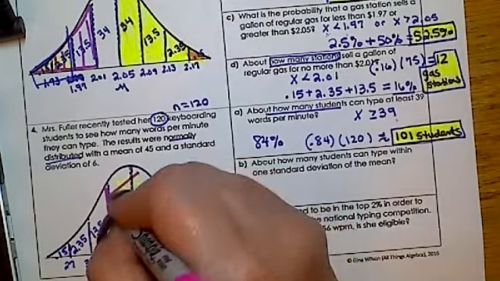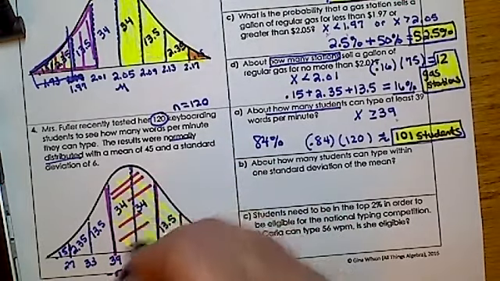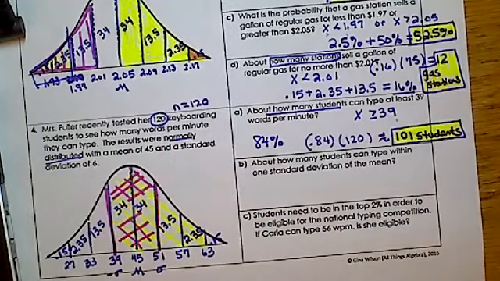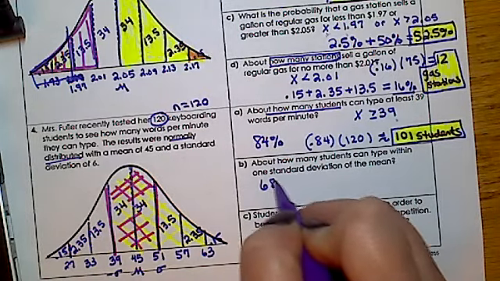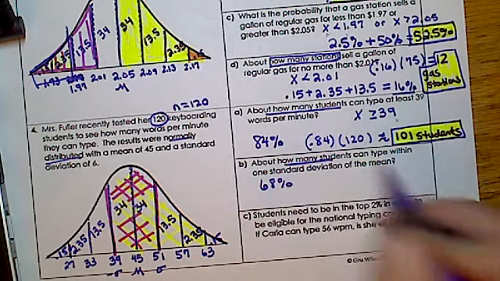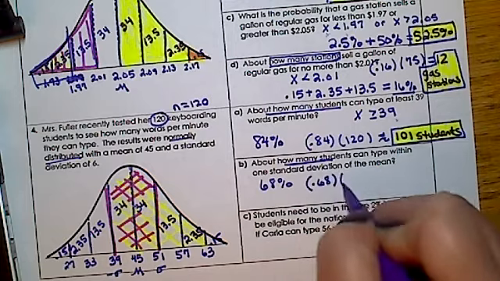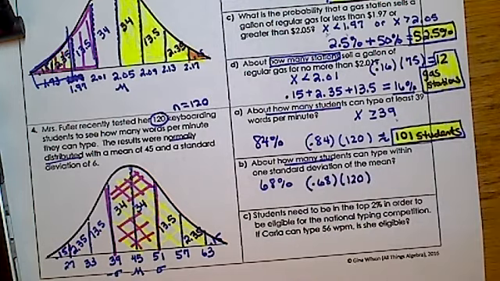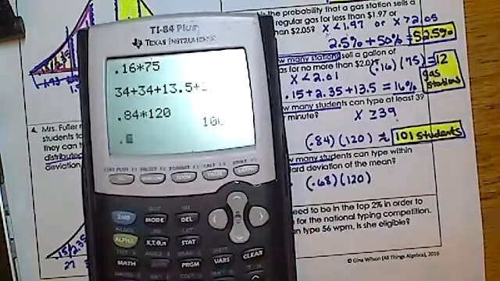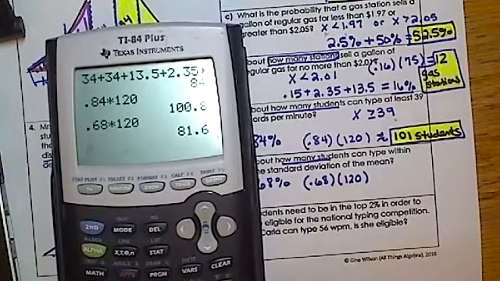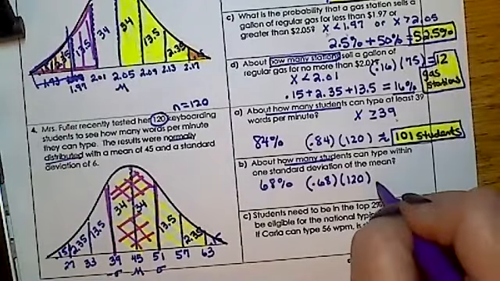If you remember, when we started the lesson, that represents about 68% of your data. Now we're looking for how many students, so we're going to change that to 0.68 and multiply by 120. So that's approximately, I'm going to round that up to 82 students.